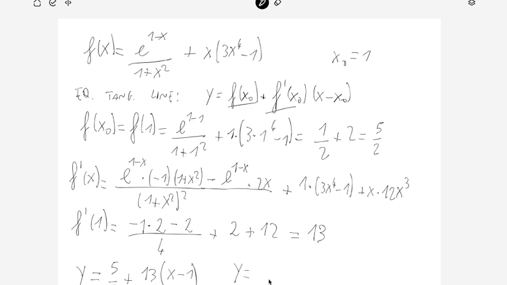So it is y equal 13x minus 13 plus 5/2, and if we want to write it better, we can compute this. Minus 13 is 26/2 plus 5, it is 13x minus 21/2. Okay, so also this exercise is concluded.